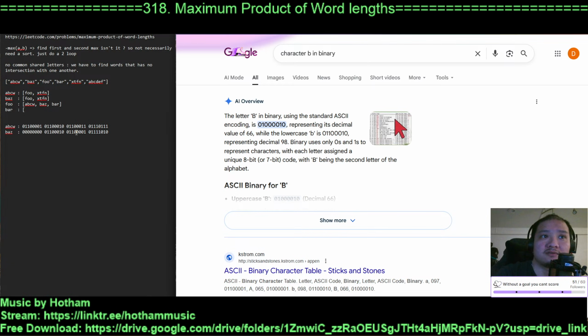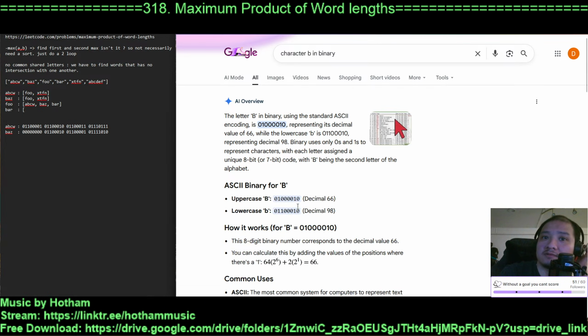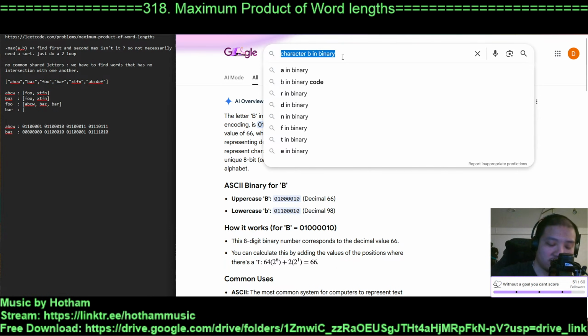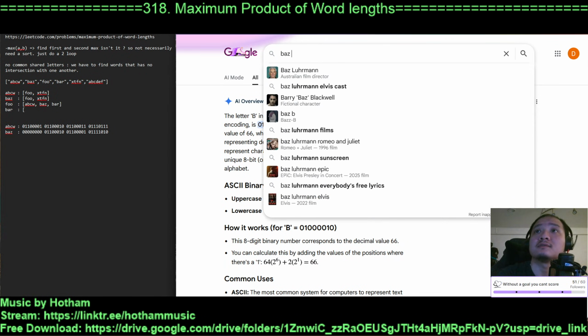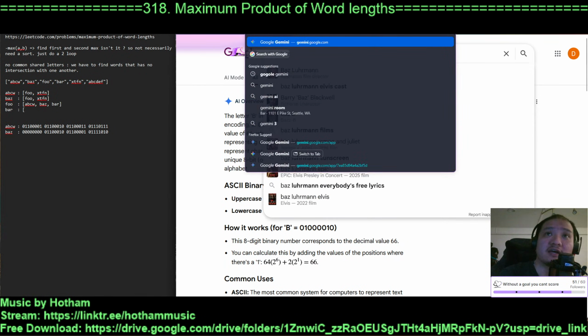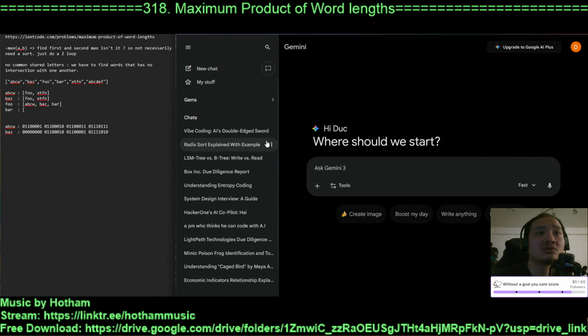Oh, this is Z. B is this. Okay, let's go to Gemini and ask it to convert them to binary, right?